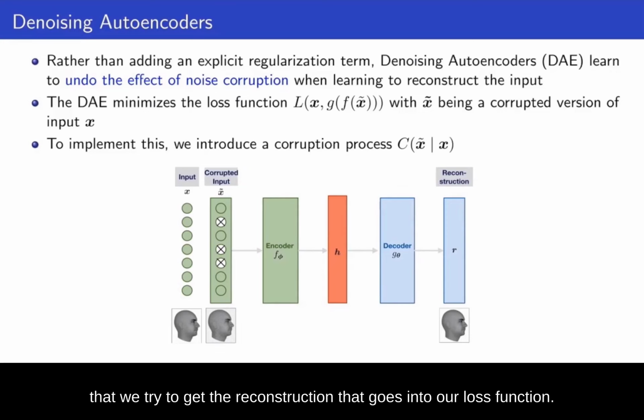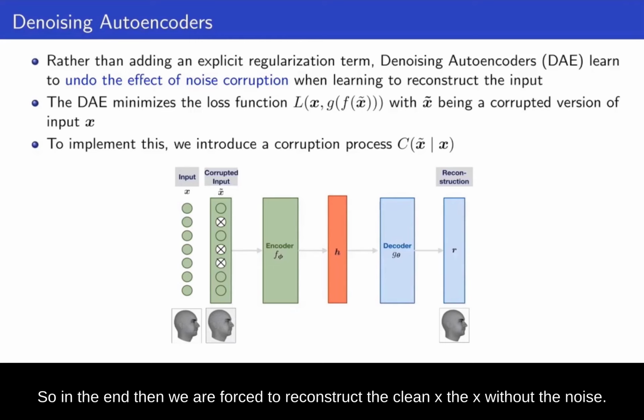And from that we try to get the reconstruction that goes into our loss function. So in the end, we are forced to reconstruct the clean x, the x without the noise.